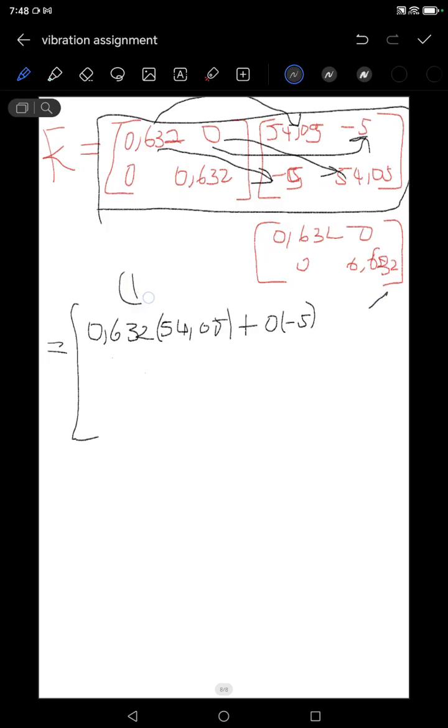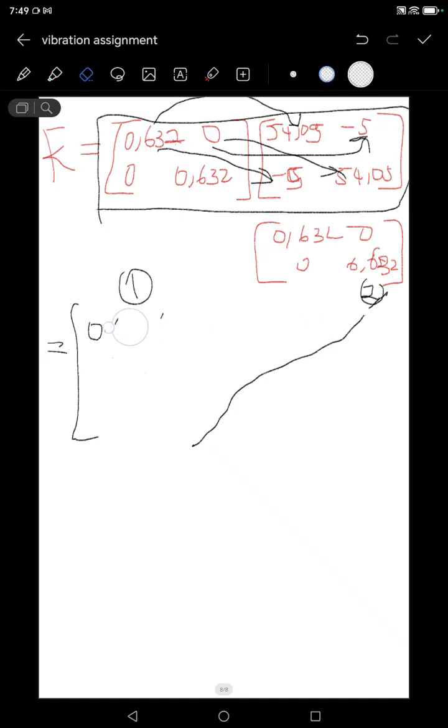So let's say this is our 1, and then this is going to be our 2. So it's going to be 0.632 multiplied by -5, okay, and then 0 multiplied by what? By 54.05. Okay, let me just write this way. Let me make space.